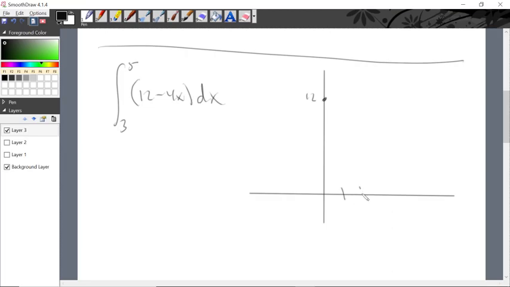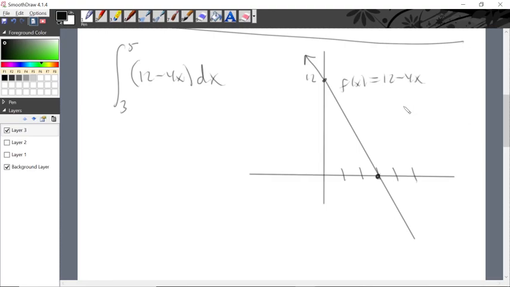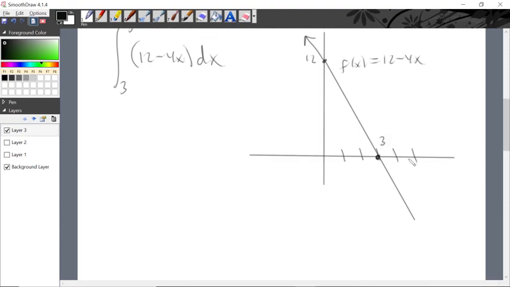Okay, so we have 1, 2, 3, 4, 5, let's say. So here's 3. The function is crossing there, right? This continues out in that direction in general. This is f of x equals 12 minus 4x. x equals 3, and then at x equals 5, 12 minus 4 times 5, 12 minus 20.